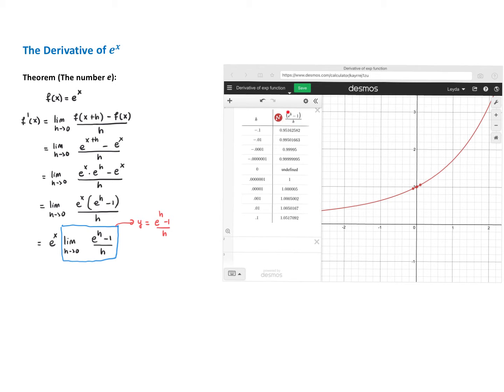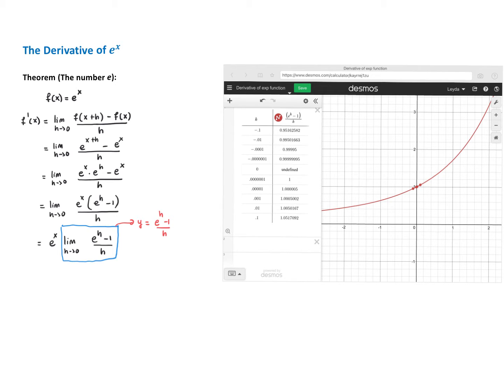Notice right here is the same function, e to the h minus 1 over h. I have already created a table of values with the focus around 0. I have some very small negative values to the left of 0 and very small positive values to the right of 0, right?